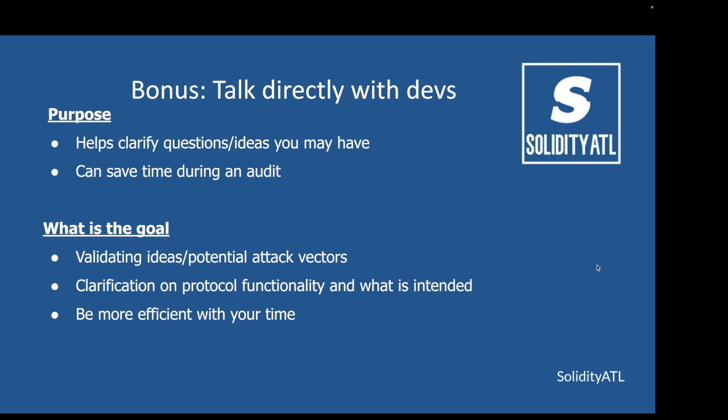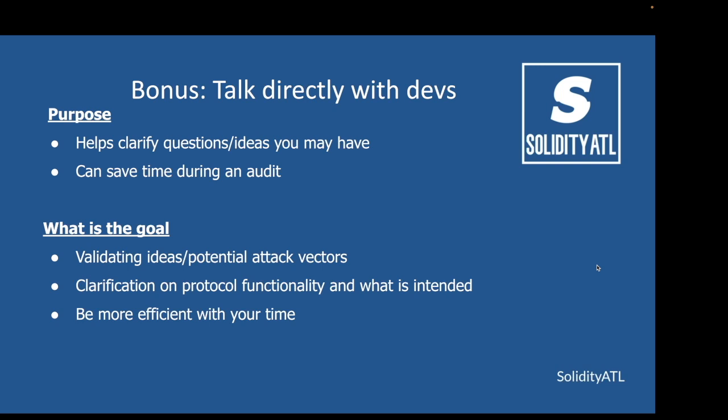Or no, this is intended behavior and we mitigate it because of X, Y, and Z. Like if a protocol team's like, oh, that's not an issue because we have a multi-sig wallet, for example, but that's not something you would be aware of just by looking at the code. So it's very powerful to have a constant stream of communication with the protocol developers. And that also helps you maintain a good relationship with them during the security review.